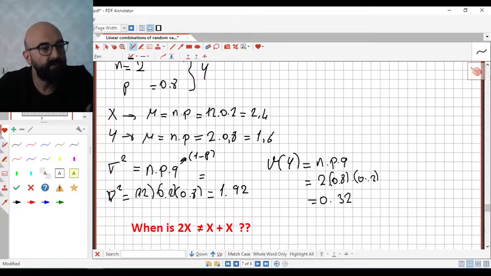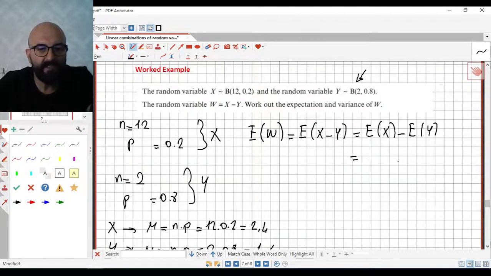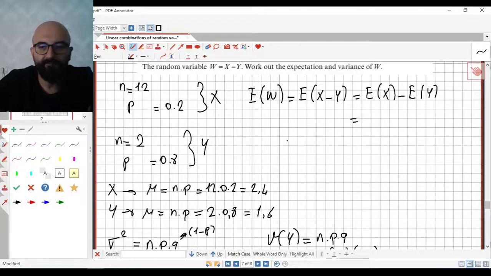And this is the expectation of x minus y, which means 2.4 minus 1.6, it means 0.8.